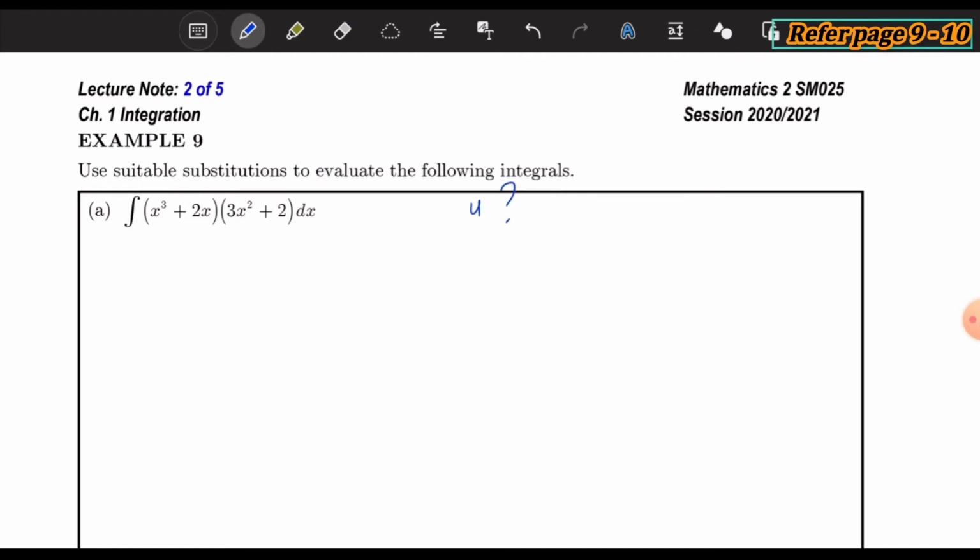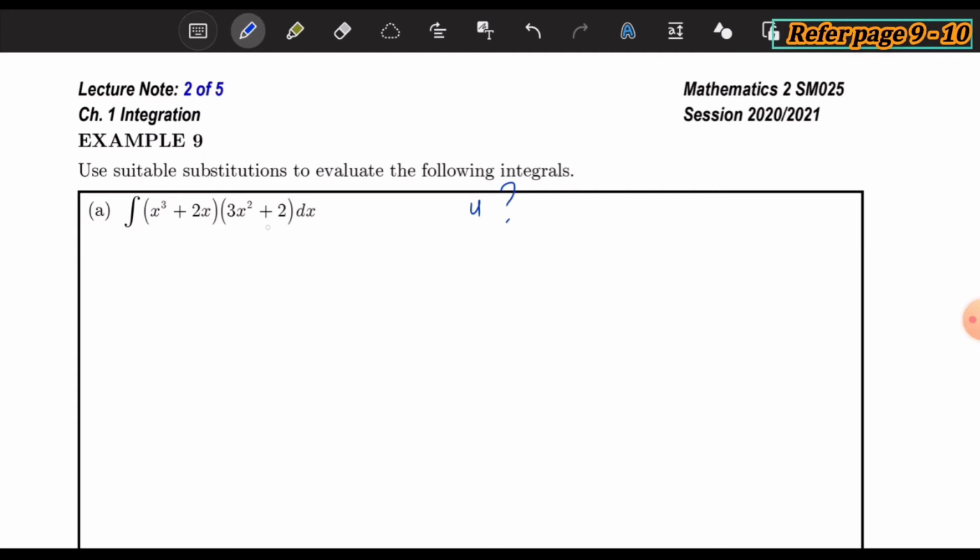How to choose u? Usually, u is a function with higher degree or the more complicated function. Okay, so for this case, for part A, we have x cubed plus 2x.